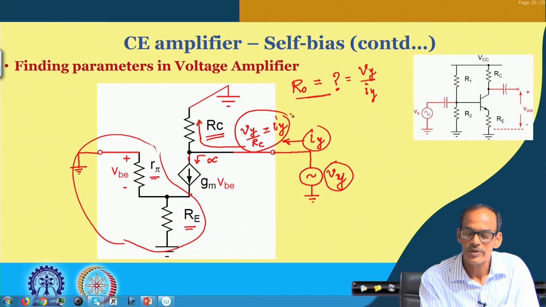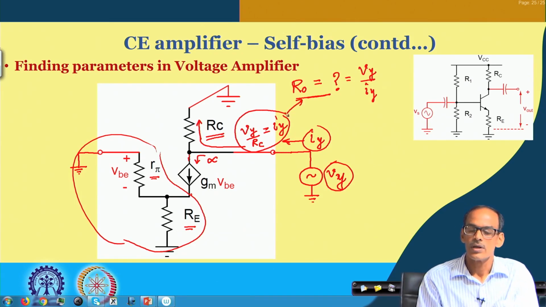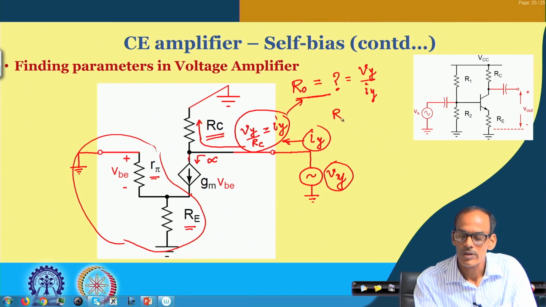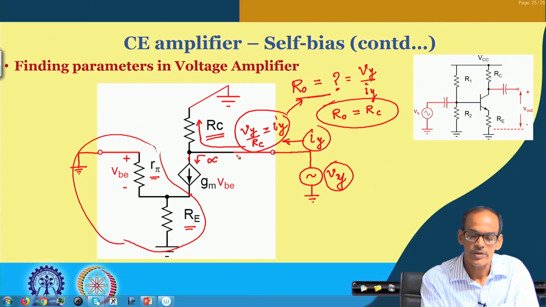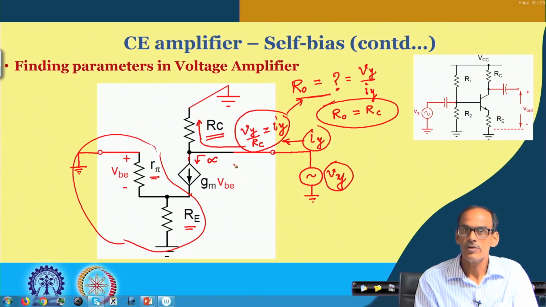So from that we can say directly that Ro equals Rc. Of course, we are assuming that the conductance here is 0.